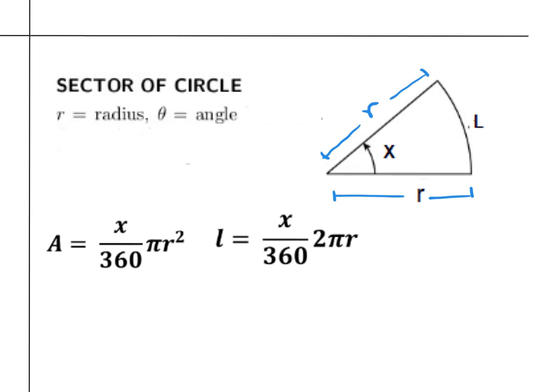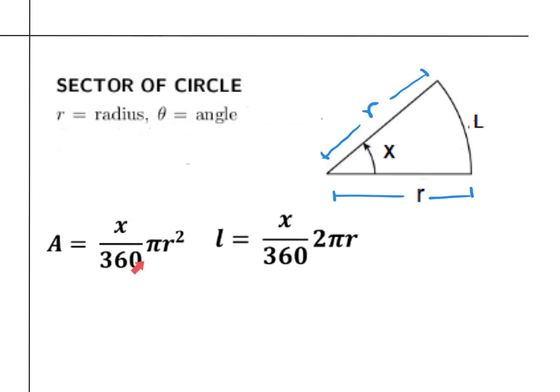Now, with central angle X, we can find the length of the arc by this formula: X over 360, angle over 360, times the circumference, times 2πR. And we can also find the area of the sector by X over 360 times πR square, because this part is from the area of the circle.